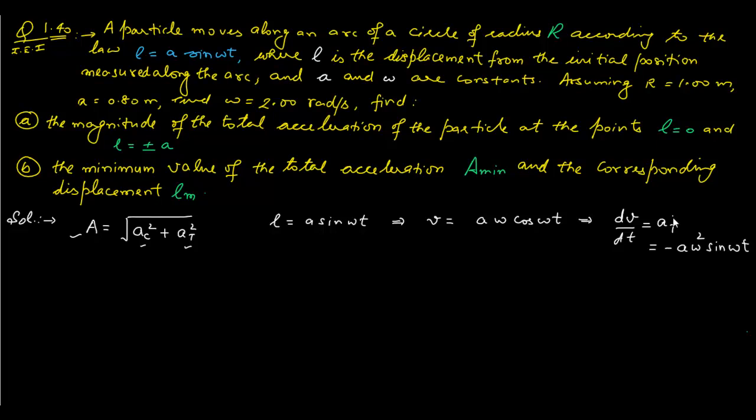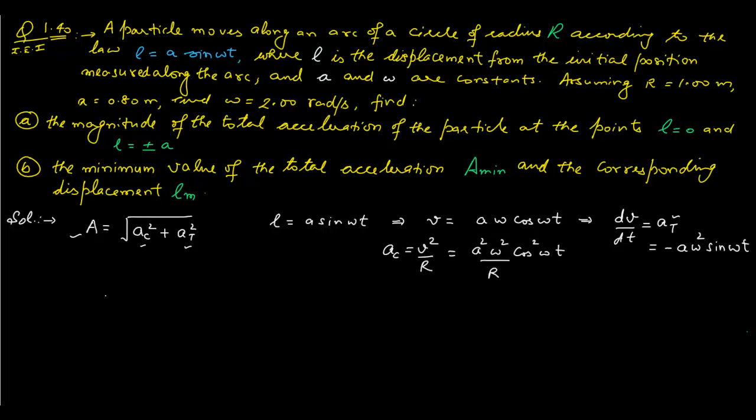So we have the tangential acceleration value, and we know that the centripetal acceleration is equal to v²/r. If we substitute the value of v here, we get a² ω² cos² ωt divided by r.